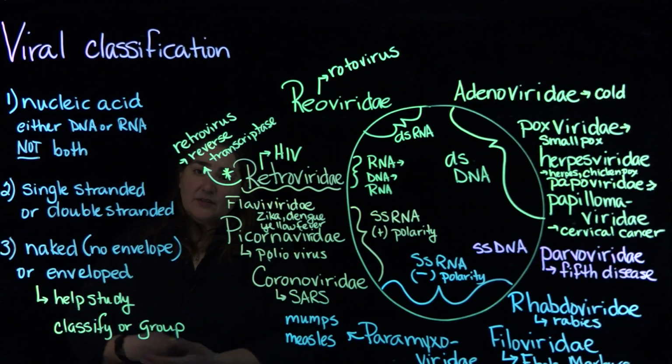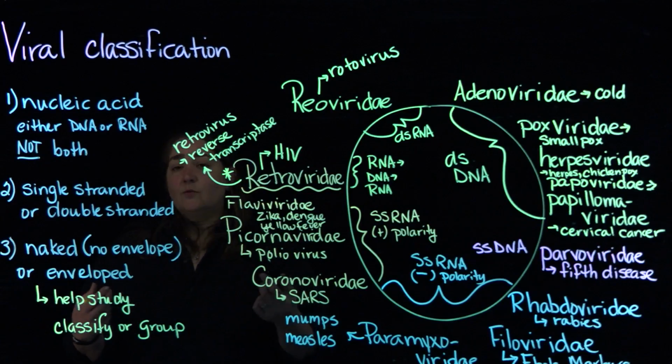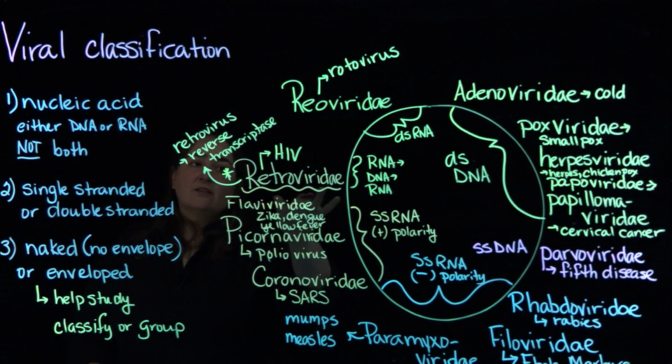So if you come up with tables like that, and I made this kind of as a wheel, if you want to come up with a different way of doing it, that's fine. But what I want you to be able to do is recognize the viral family with the disease.